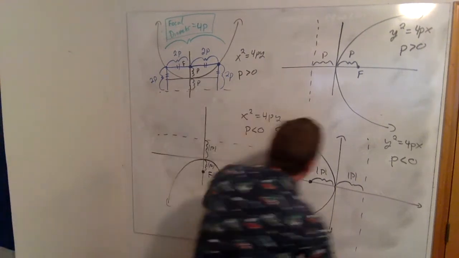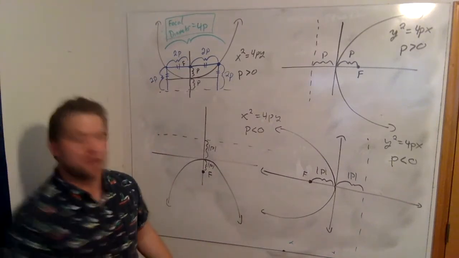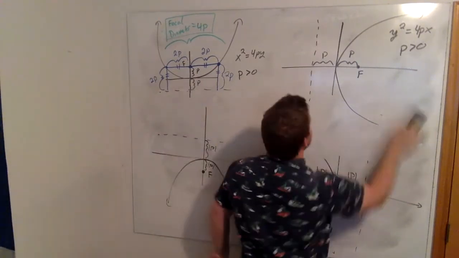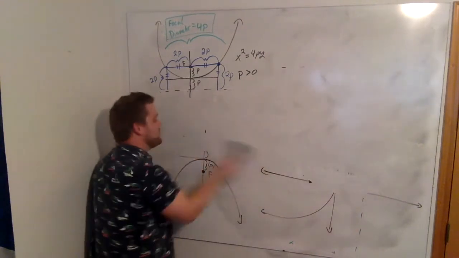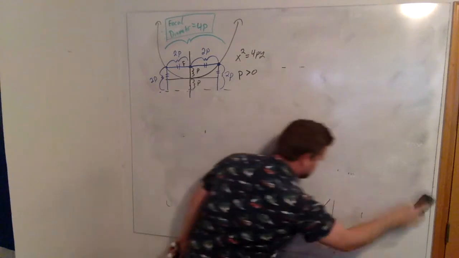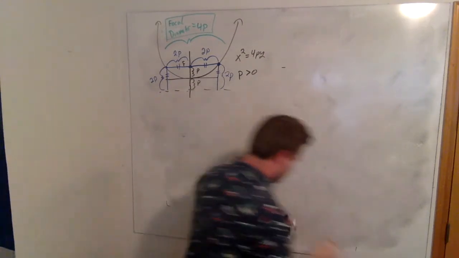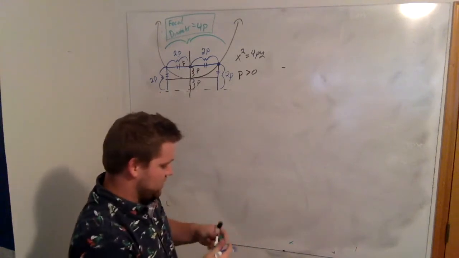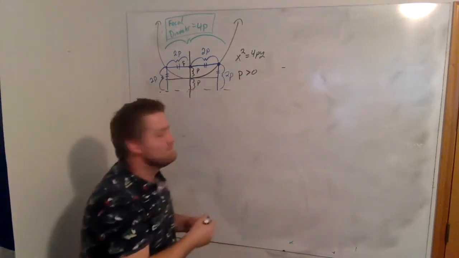Okay, so when we are given the equation of a parabola, what do we need to do to be able to graph it? Specifically, if we're given the geometric definition of a parabola, how are we going to graph it? I have a set of steps that you should always do when trying to graph a parabola when we're given its geometric formula.